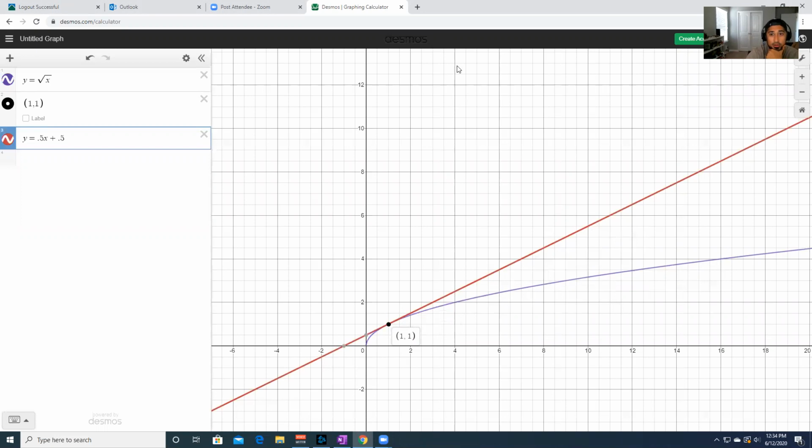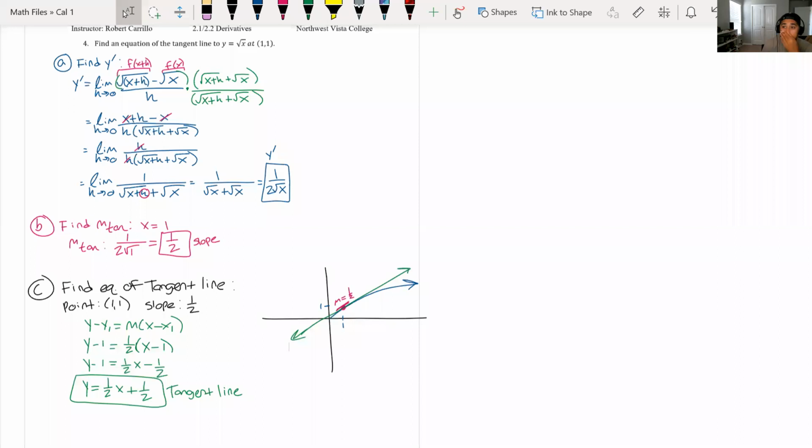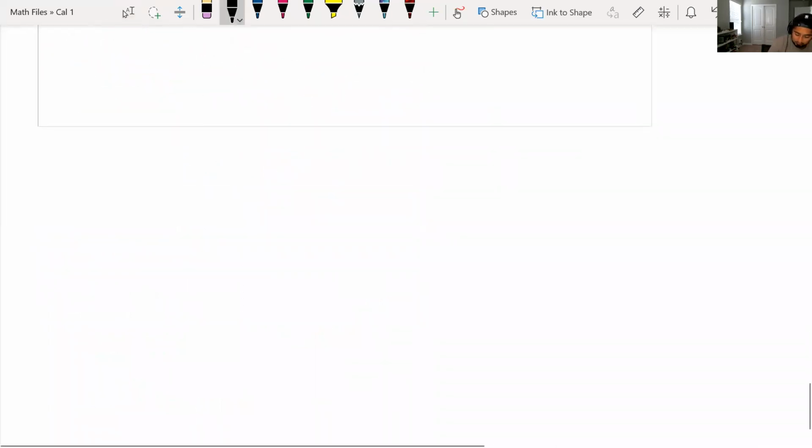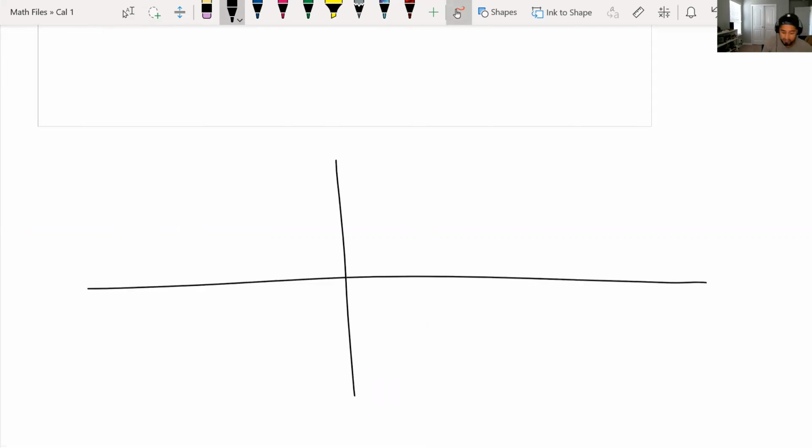What else do I need to show? So just to put it out there, let's say we have the graph of some random function, some random squiggly line.